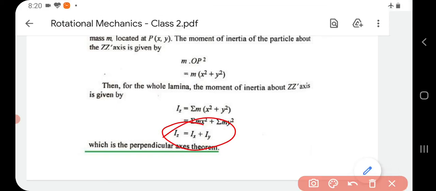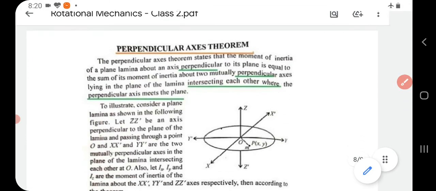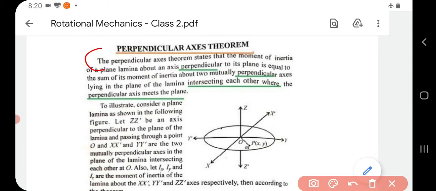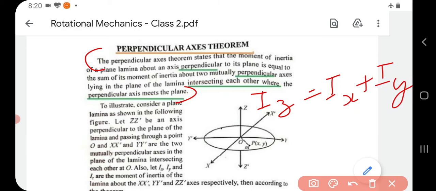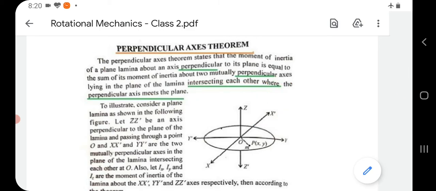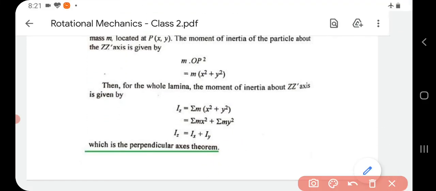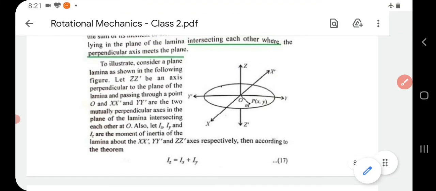This is the expression. If you are just asked to state perpendicular axis theorem, you just write the statement and the final expression Iz equal to Ix plus Iy and explain what each of these terms are. That is enough. If you are asked to prove it, then you have to write from the beginning till here.